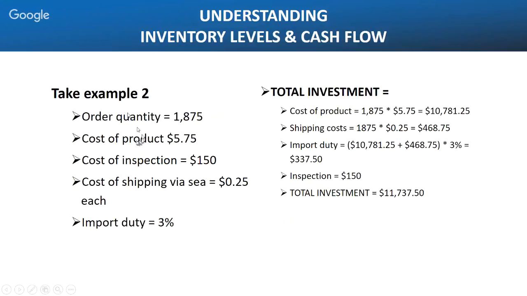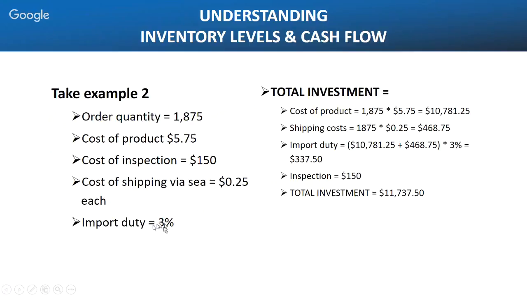So we've got our order quantity of 1,875. Product cost, again, $5.75. Cost of inspection, again, we're saying $150. Cost of shipping this time has come right down. Okay, previously we were over $1. Now we're at 0.25 or 25 cents per unit.